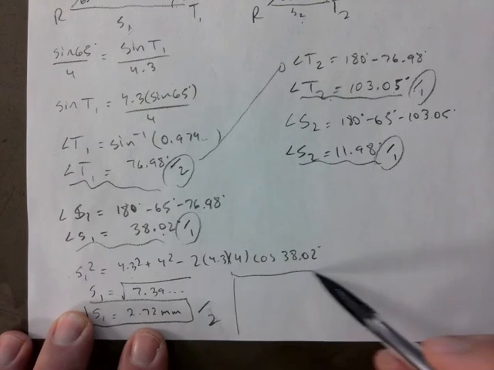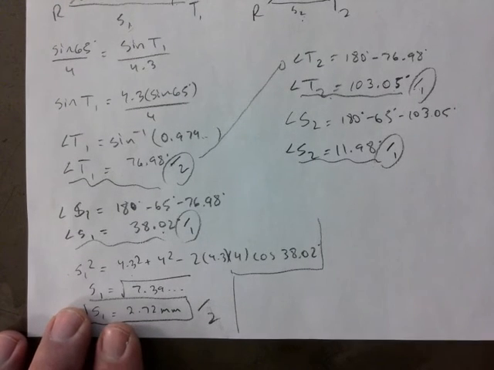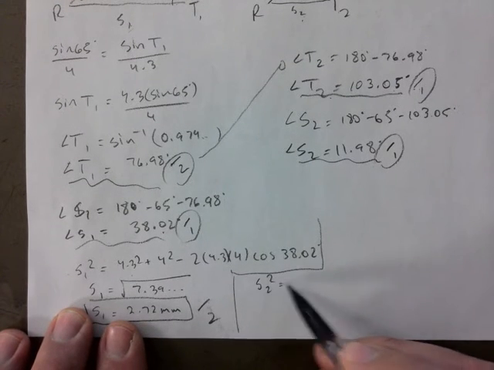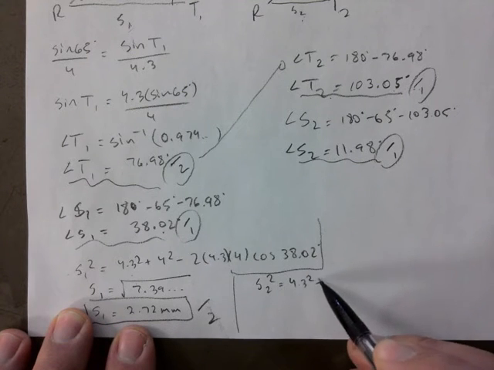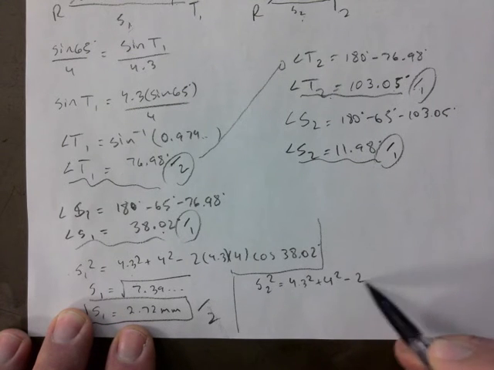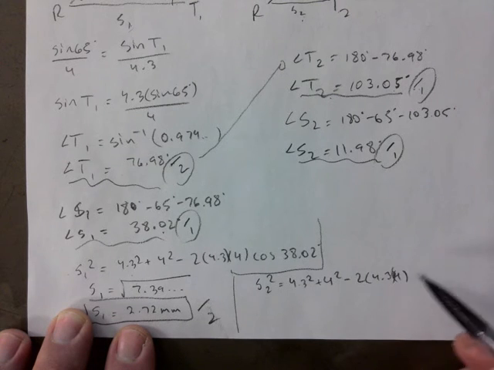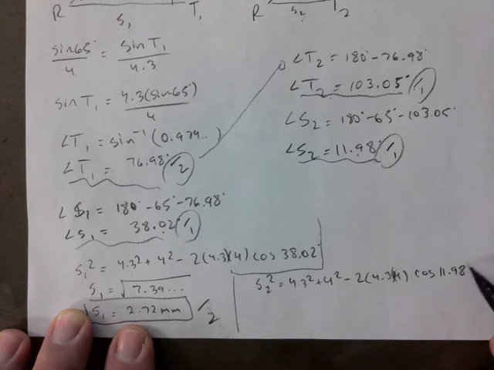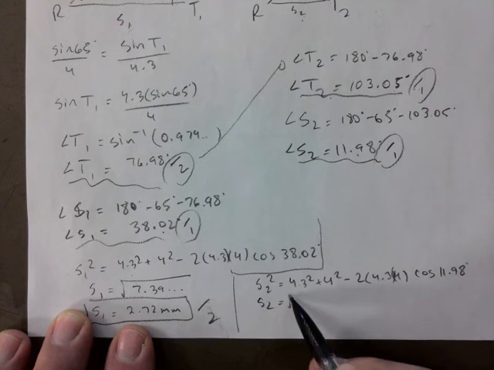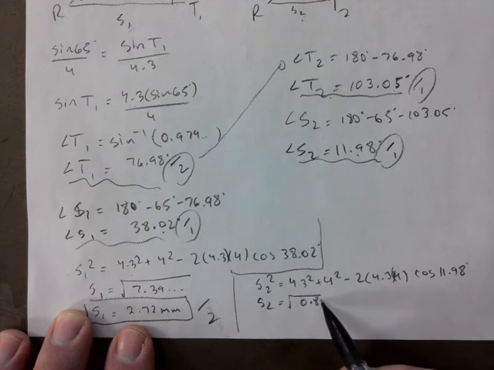So how am I going to do this to clean this up a bit there? I'm going to find S2 squared. I'm going to do the exact same thing. It looks identical, except for I'm using cosine of 11.98. S2 is the square root of 0.839 dot dot dot.